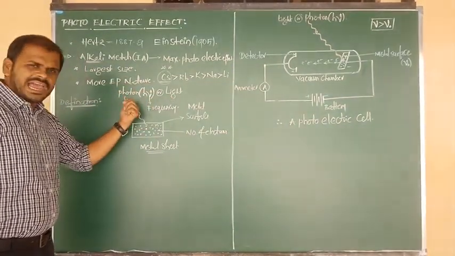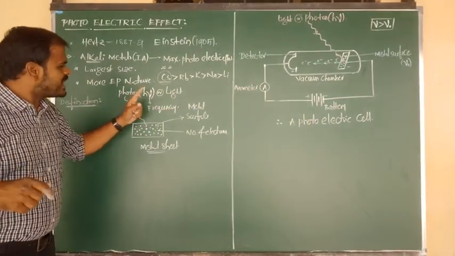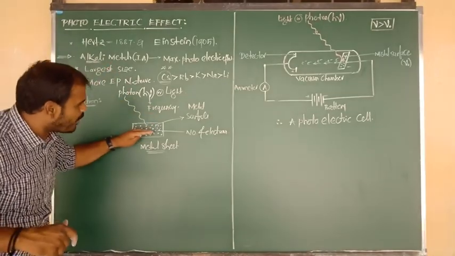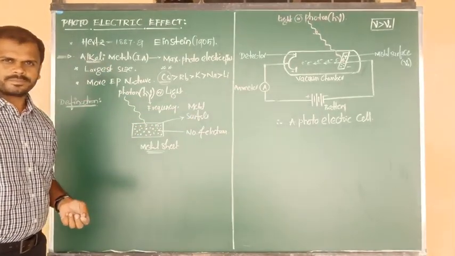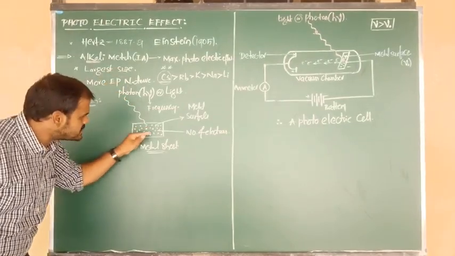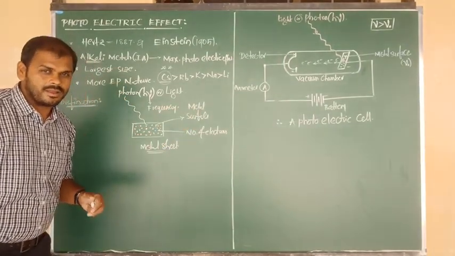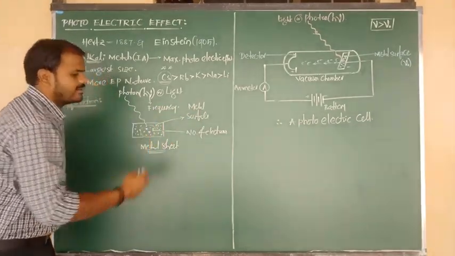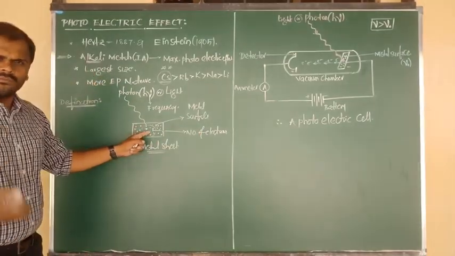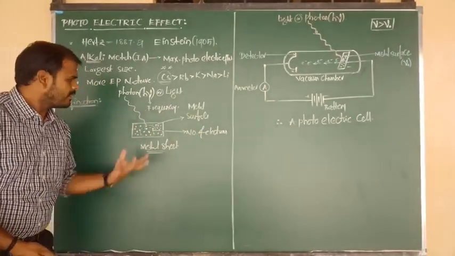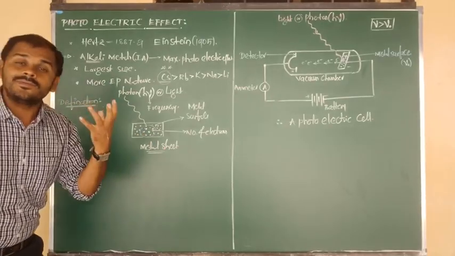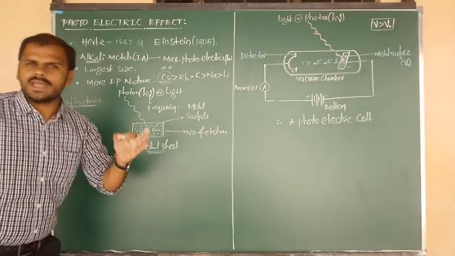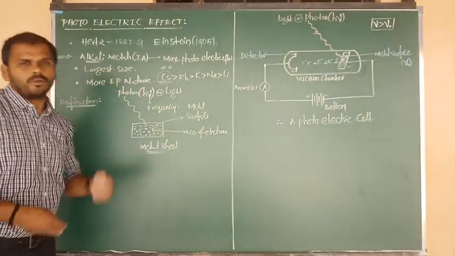So the photon or light which contains a suitable frequency, when it is incident on the surface of metal, falls on the surface of metal, where a number of electrons are present, those electrons will absorb a part of the energy from the incident photon.